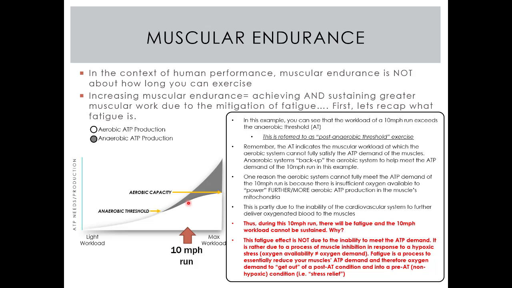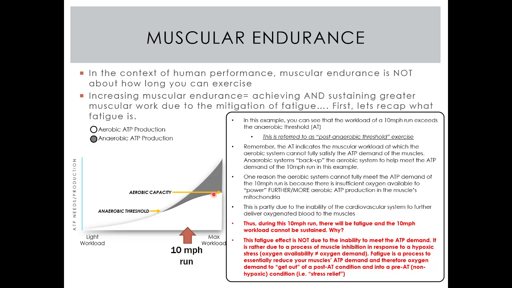And this stress becomes more and more severe as you increase workloads or intensities towards maximum intensity. Now, as you can see, as you go further above the anaerobic threshold intensity, there is an increasing portion of the ATP demand that cannot be filled aerobically, and there is a greater need for anaerobic backup.